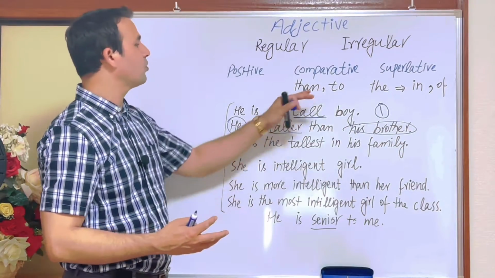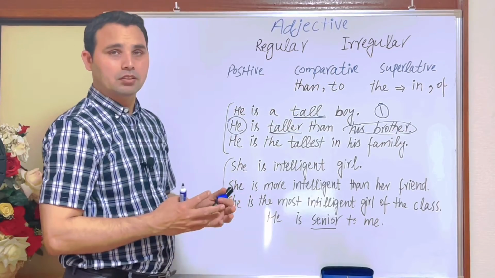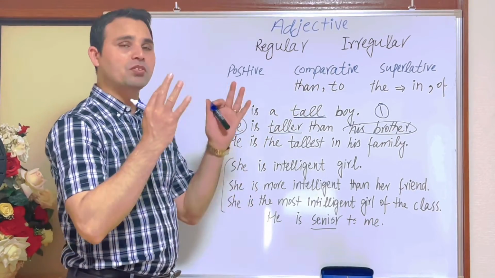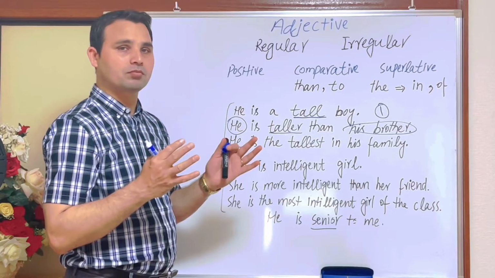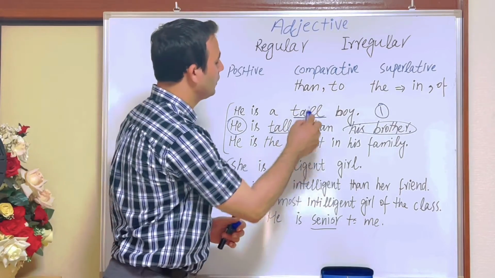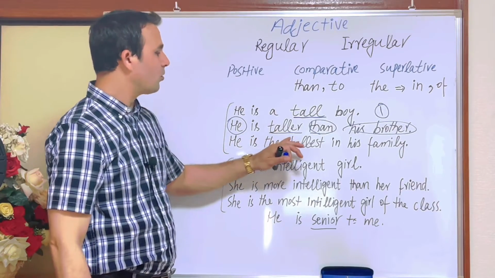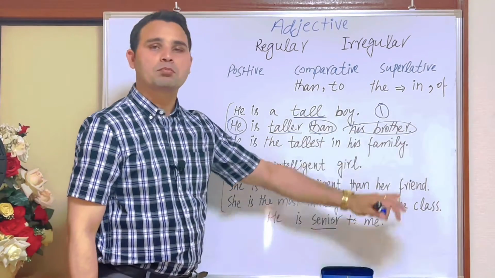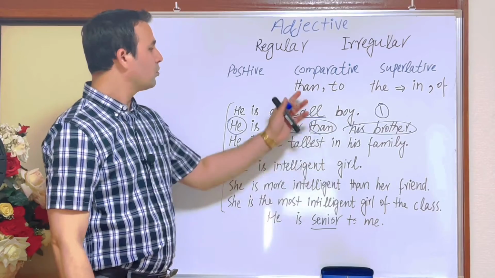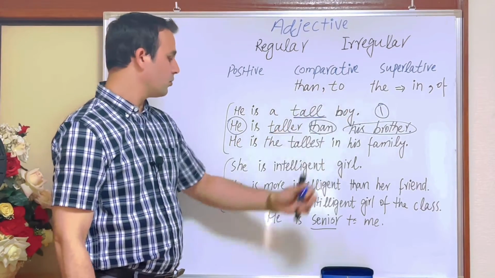So now we have to use comparative degree. And when we are going to compare between two persons or things, we have to use than. So here, he is taller than his brother. So you have to use than or to.